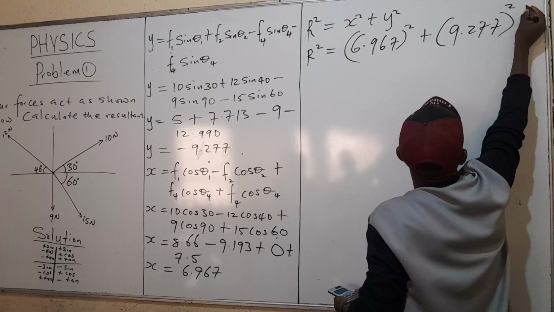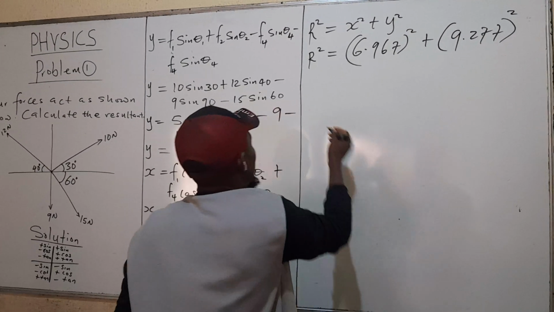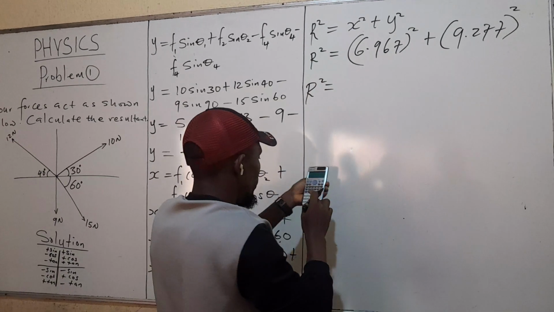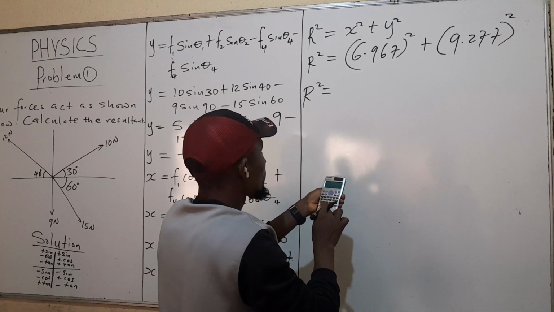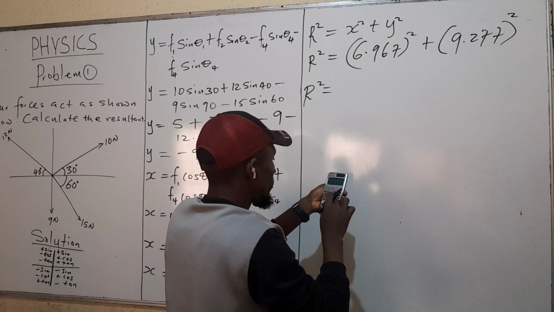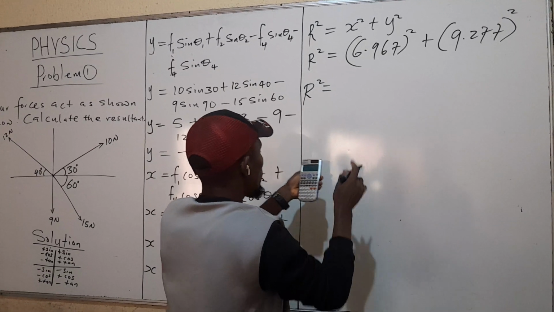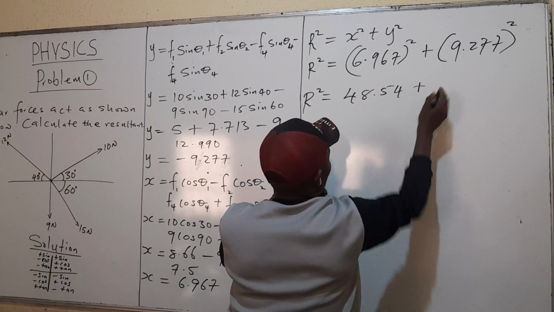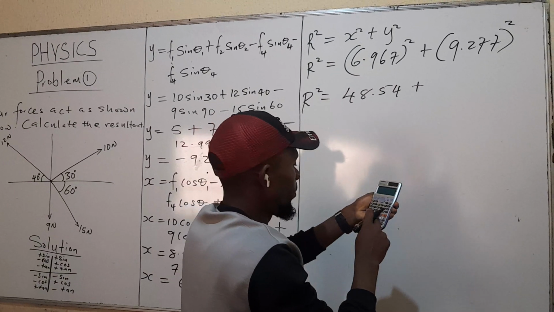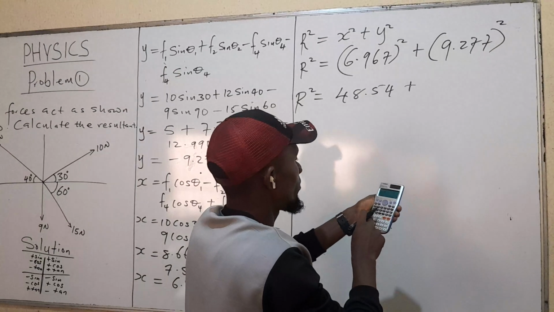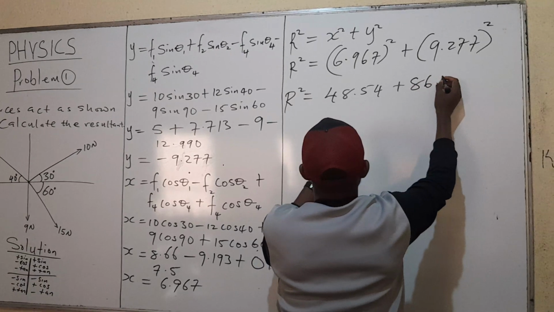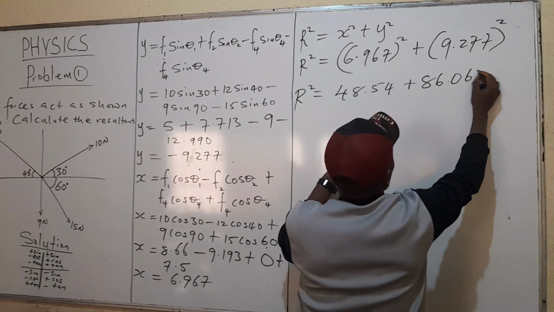Even though I put a negative sign, it cancels. So my r squared is equal to, I'll square this 6.967 squared. I'll have 48.54 plus 9.277 squared. I'll have 86.063.